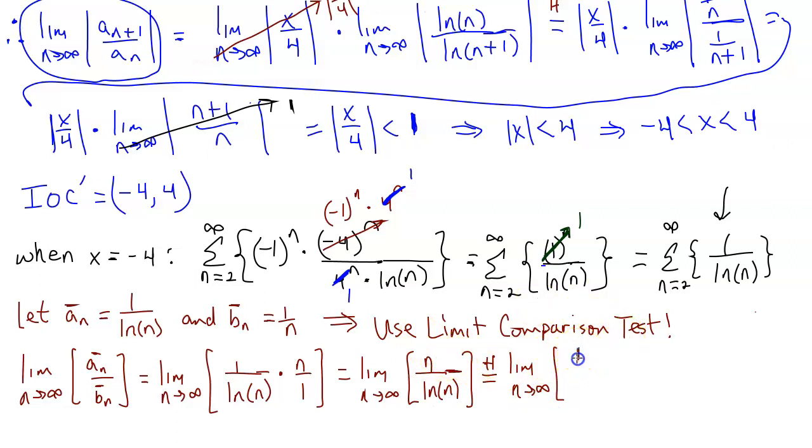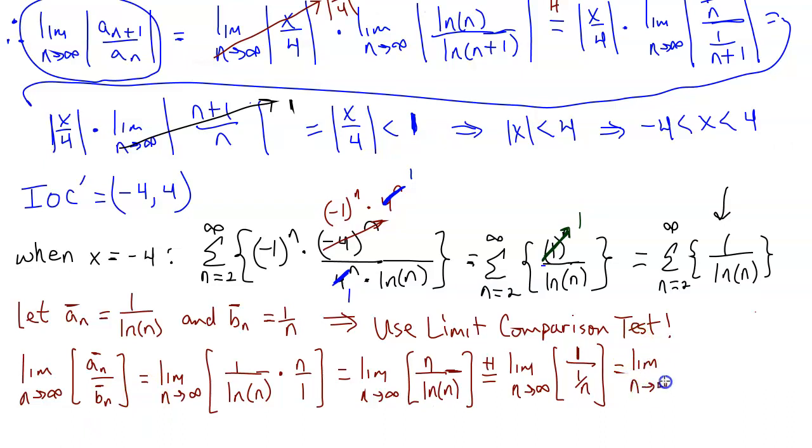The derivative of the numerator is just going to be 1. The derivative of the denominator is just going to be 1 over n.